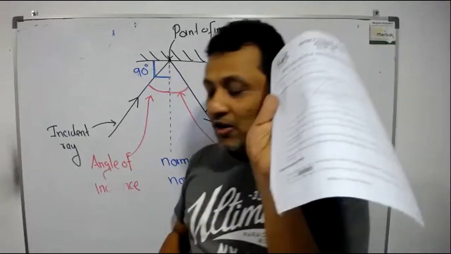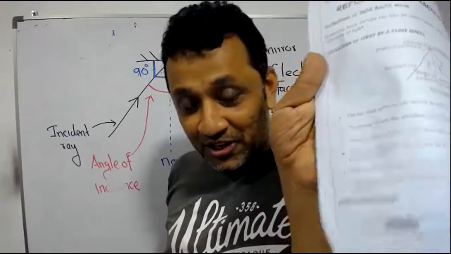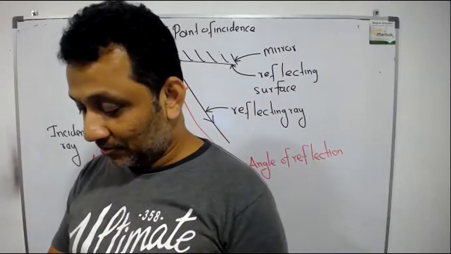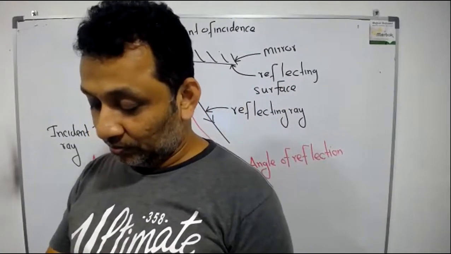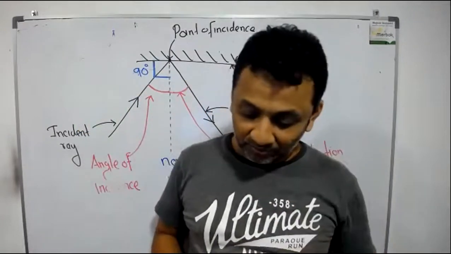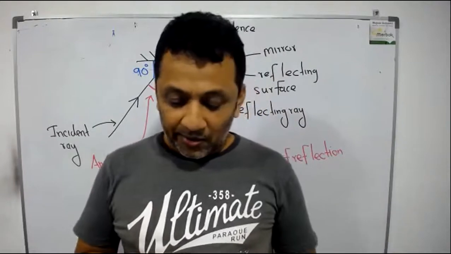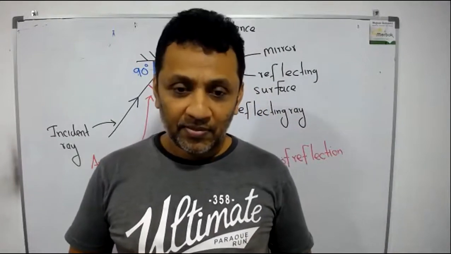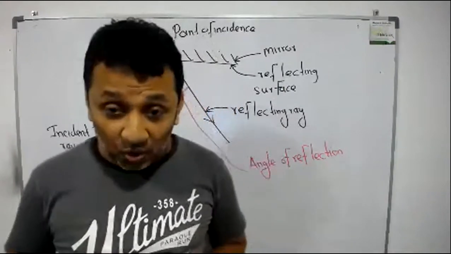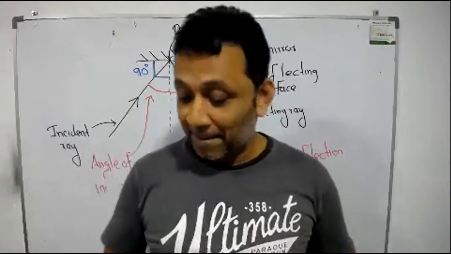Including the words laws of reflection, how many points are there? So the point is, there are 9 points there. With the words laws of reflection, there are 9 points there.